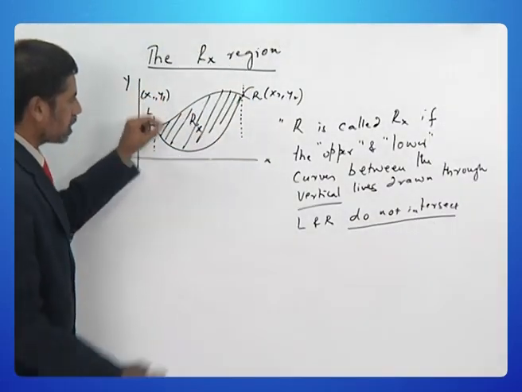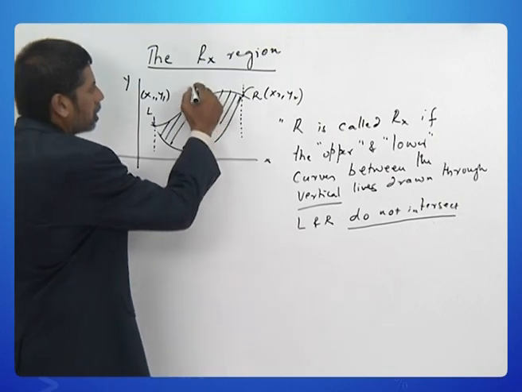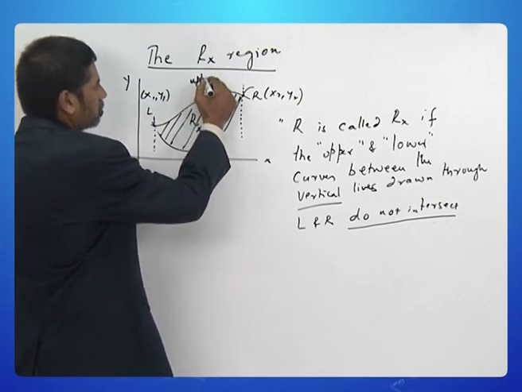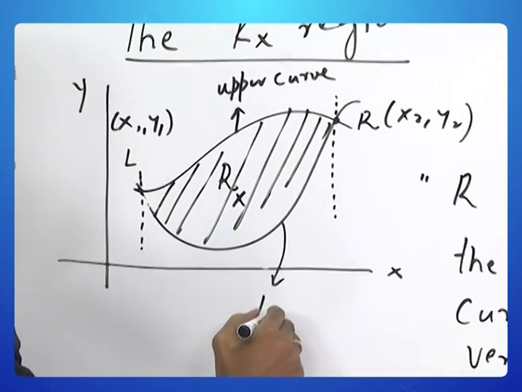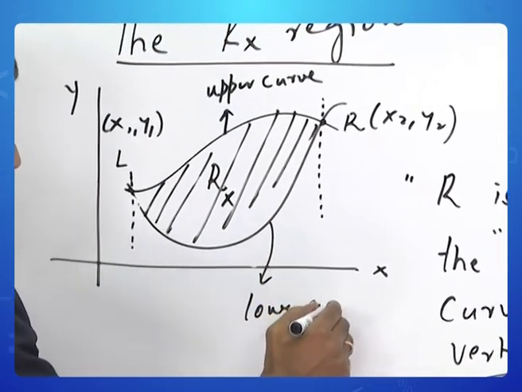That's exactly what's happening. So this is the upper curve and this is the lower curve.